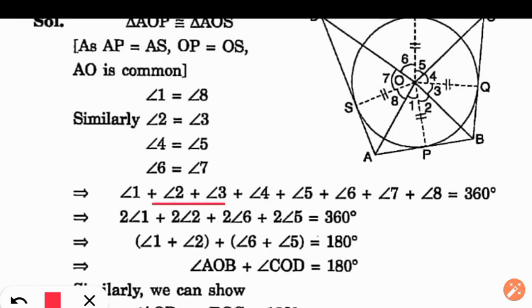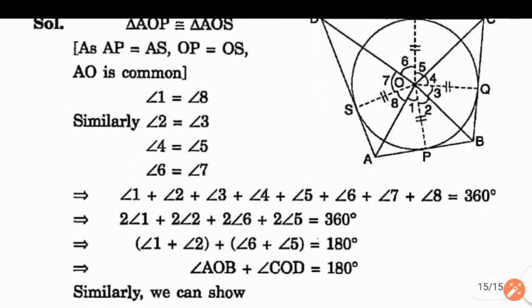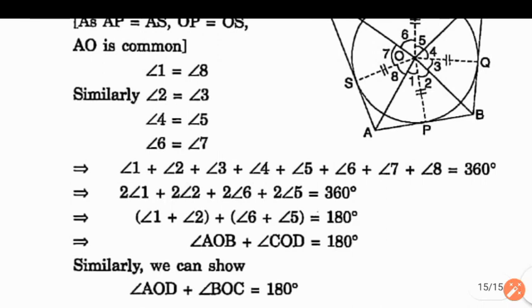Similarly, angle 4 and angle 5 are equal, so twice of angle 5 we can write, and since angle 6 and angle 7 both are equal, we can write twice of angle 6. After taking 2 common and bringing that 2 to the RHS, it will divide 360 degrees and it will become 180 degrees.